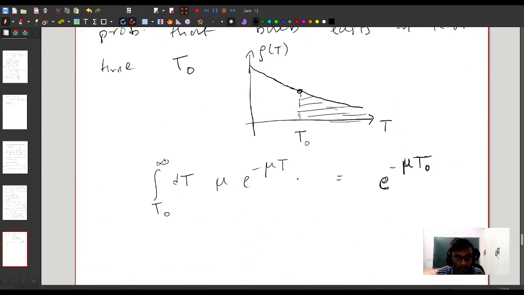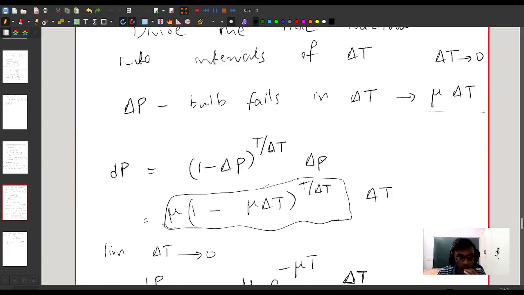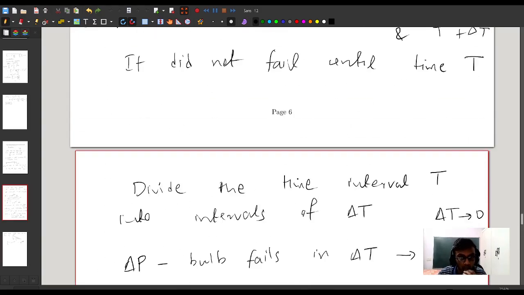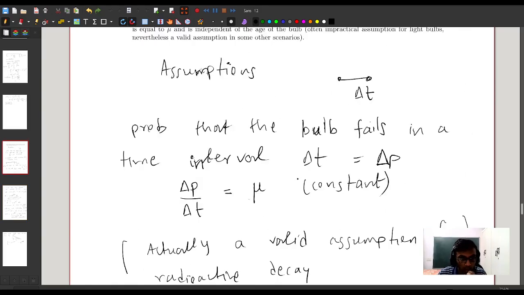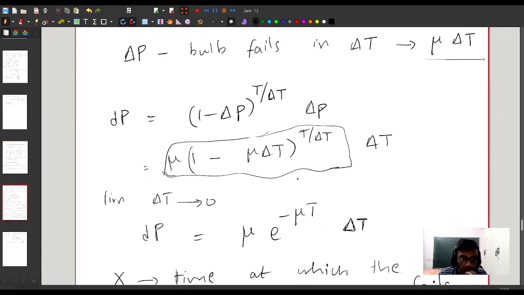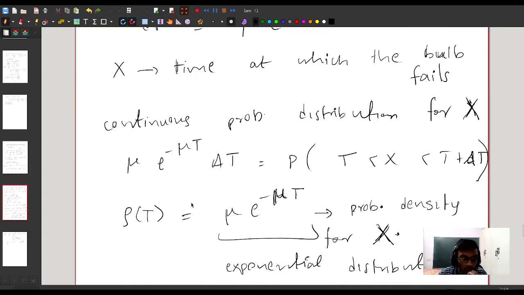So with this crucial assumption about the failure rate being constant in time and not being dependent on history, we've derived the probability distribution for the failure time.